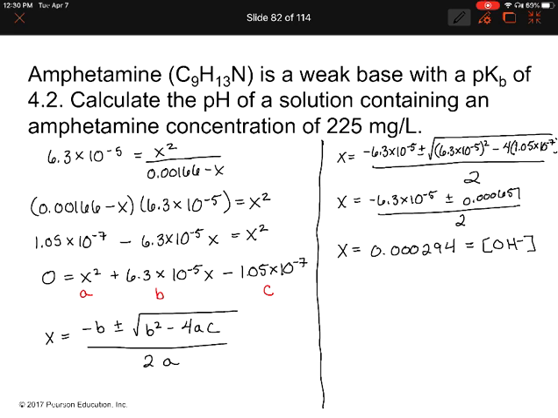All right, so now we can figure out the pH of our solution. Now, unfortunately, we have the concentration of hydroxide ions, not hydronium ions. So first we're going to calculate the pOH.